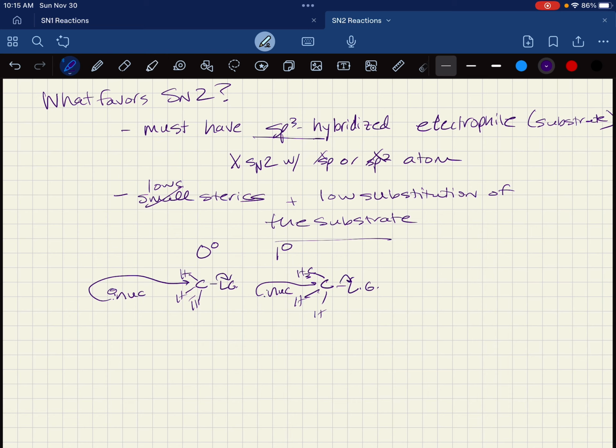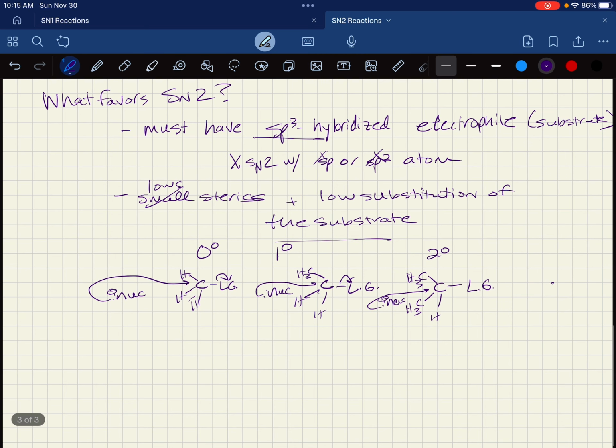But once we get to secondary, you can immediately start to see that even if these are just methyl groups, and especially if they start to become larger groups, it starts to get a lot more crowded, and more difficult for the nucleophile to get all the way into that atom. And once we get to tertiary, it becomes really, really difficult.